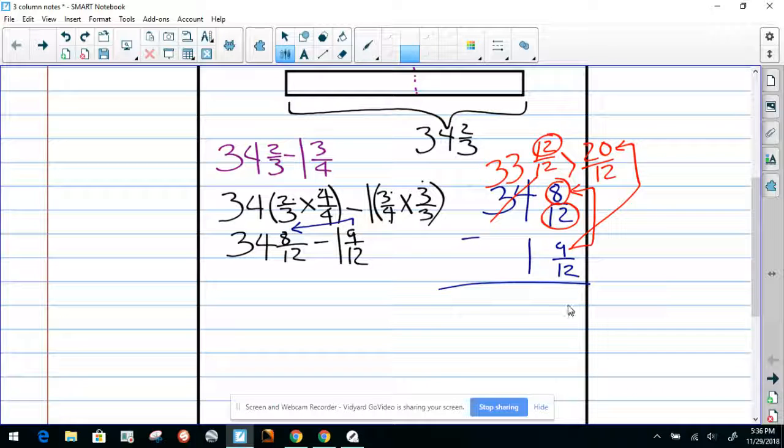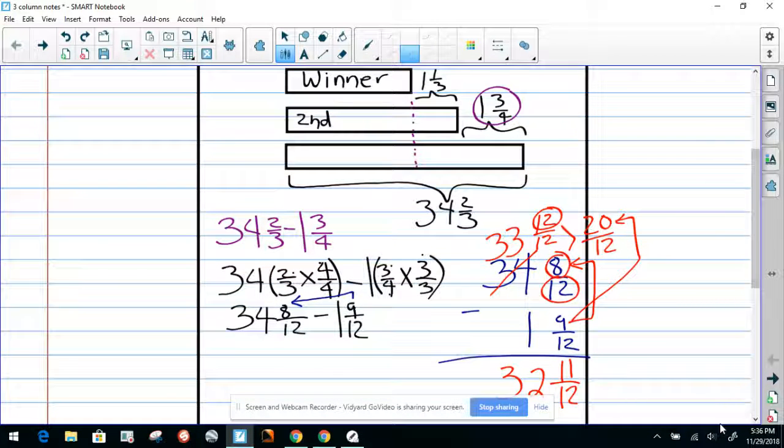The answer is 11, and the denominator is the same, so it's 12. And 33 minus 1 equals 32. Now we know that the second racer arrived at the finish line at 32 and 11/12 minutes.